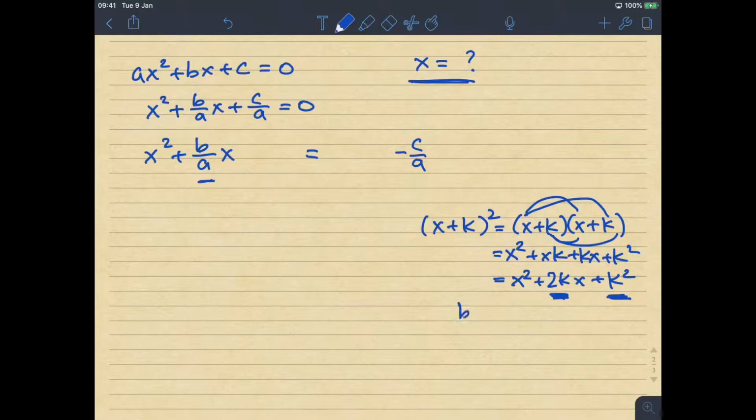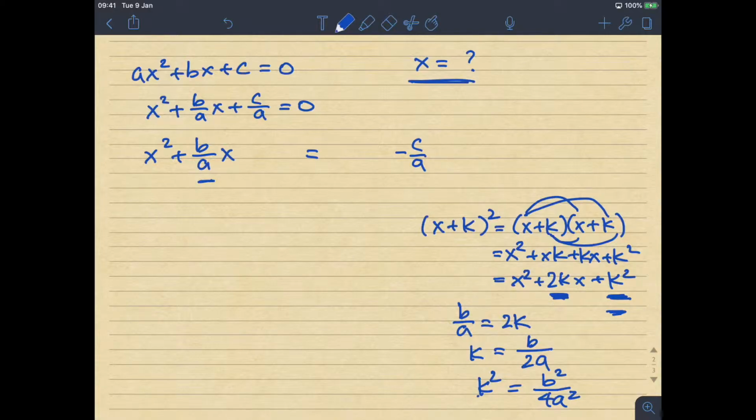So if b over a is 2k, then what's k? k is b over 2a, right? And what does that make k squared? It's equal to b squared over 4a squared.